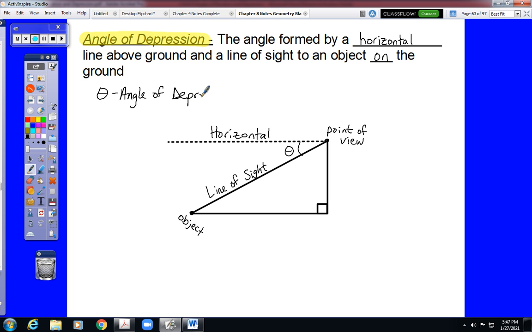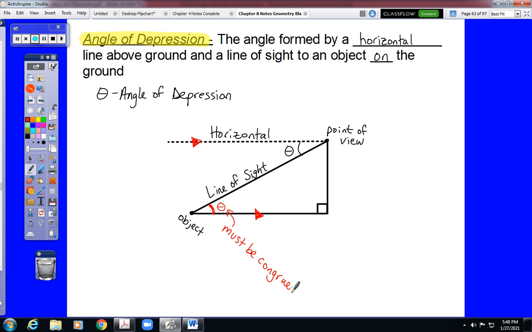Now, one thing to keep in mind is that in this case, the horizontal dotted line is parallel to the horizontal line on the bottom of the triangle. Because of that, the angle of depression and this acute angle in the triangle must be congruent.